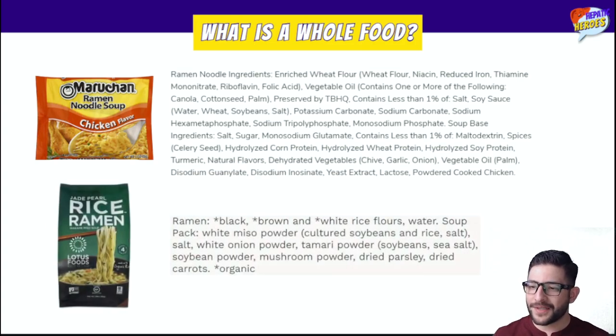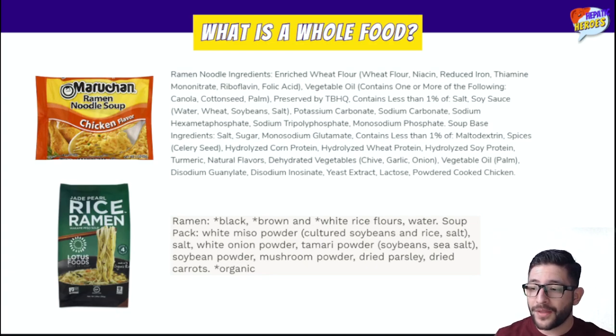Now compare that to this other brand of ramen in which the ingredients are literally just black, brown, and white rice flours and water. And this is actually what you're looking for. You're looking for prepackaged foods that have the minimal amount of ingredients possible to make that food, because that means there's been minimal processing done to create that food product for you.